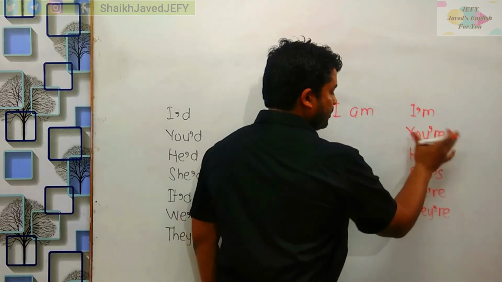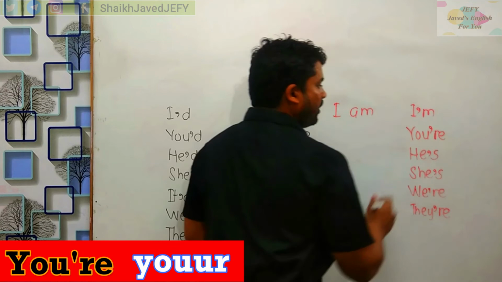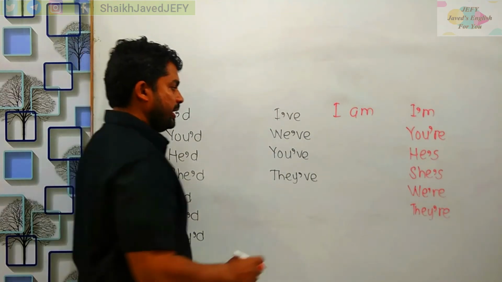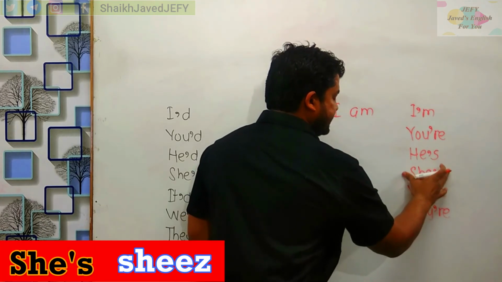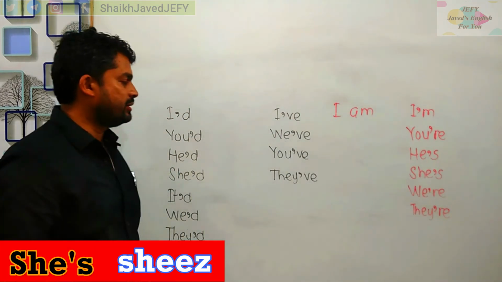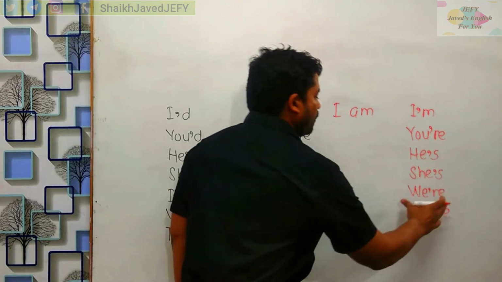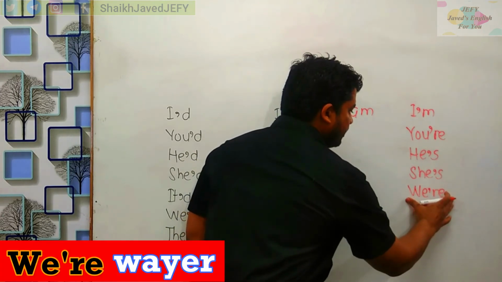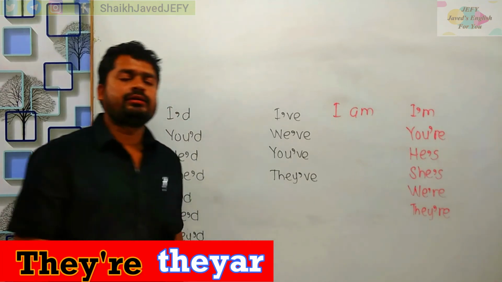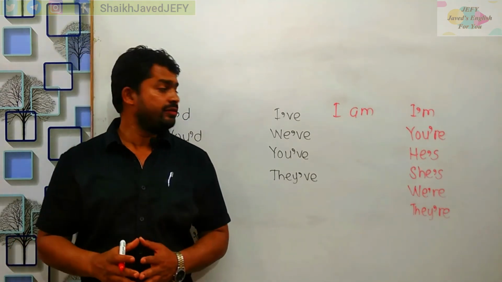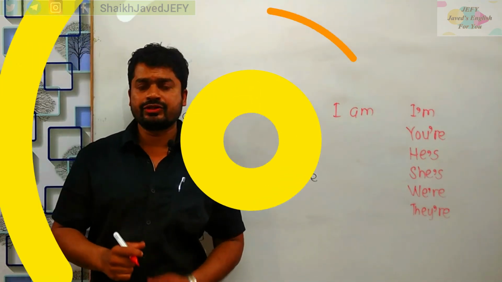It's you're like that. And it's he's, she's, where's, and there's. In this way, we pronounce different contractions in English language.